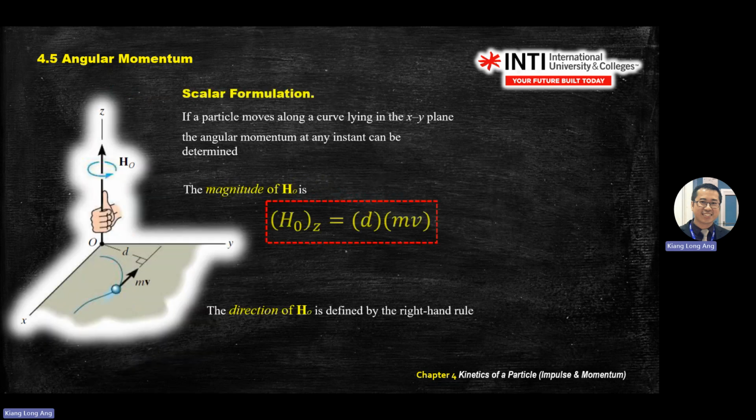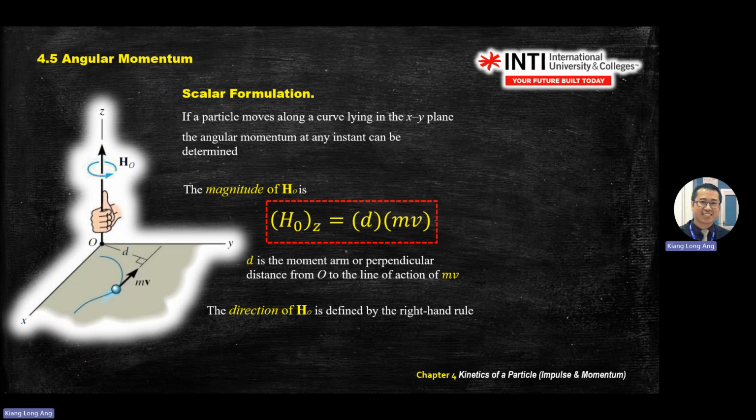So I simplify everything. The magnitude of H, or angular momentum, is d multiplied by mv. D must be perpendicular, as what we defined for moment, right? mv we already learned, right?